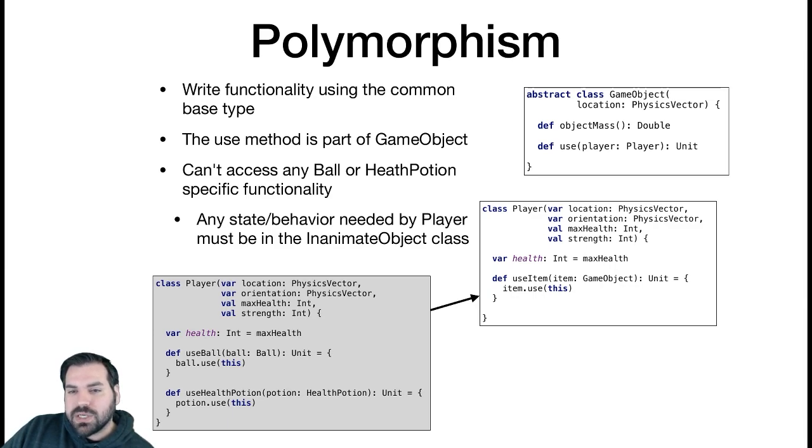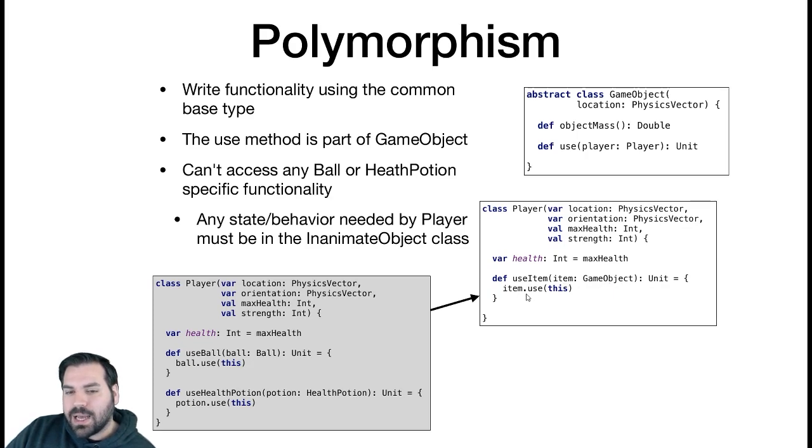We can also do this across method calls. So we can have parameters of a super type and then call this method with an object of one of its subtypes. As long as this method is called with a reference to an object that inherits game object, then that's a valid method call.